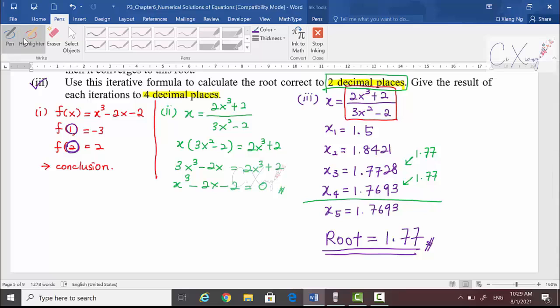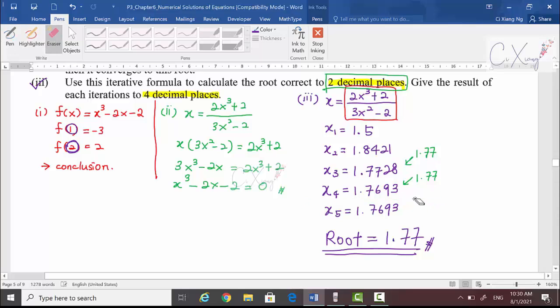All the values from x1 to x5, we will call iterations. All the iterations are in 4 decimal places, and this one is the final answer for the root.